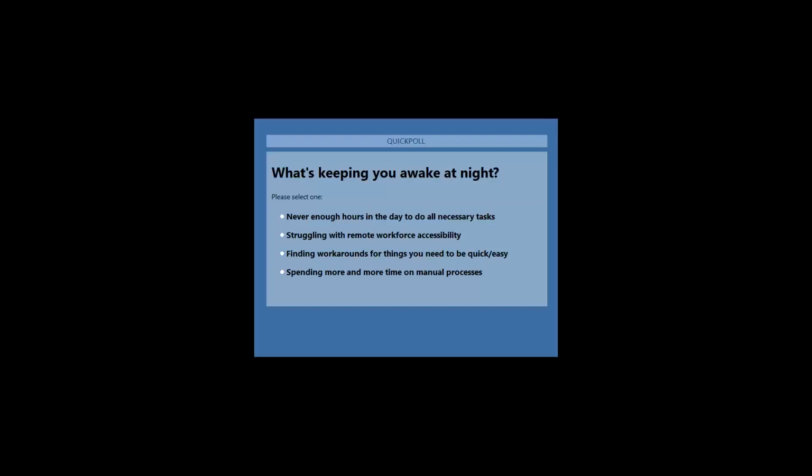Is it around finding workarounds to things that you need to be done quick and easy, or are you spending more and more time on manual processes which are eating into your working day, eating into the time where you'd rather be doing more strategic initiatives, or even eating into your personal time in the evenings, and that means you're not spending as much time as you would like with your loved ones and hopefully soon friends as well, now that we're allowed to do so. And so yeah, if you can just pop your answers into the poll there, and then we'll see what comes back.